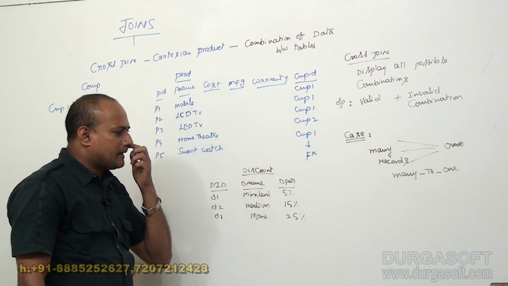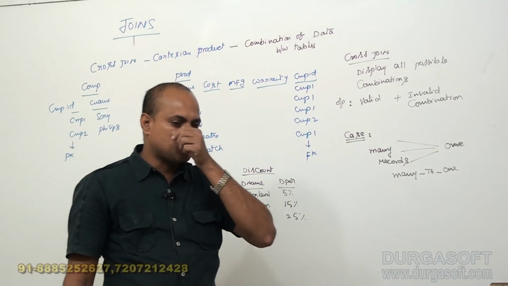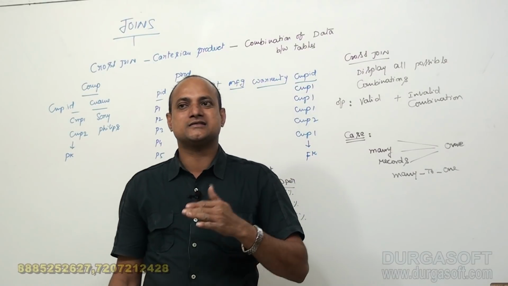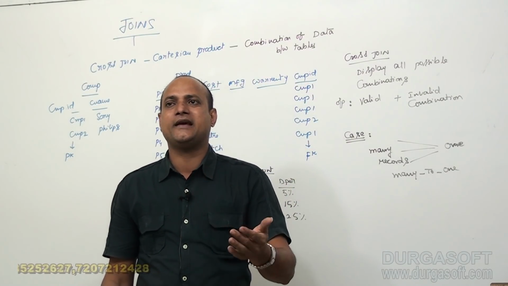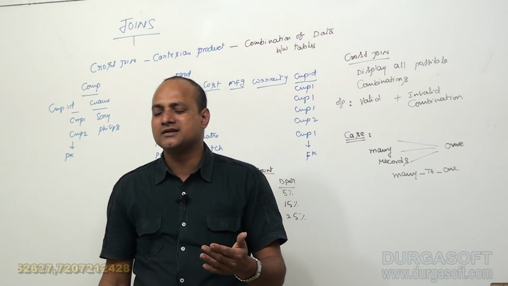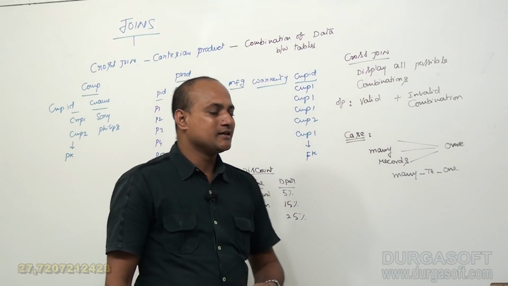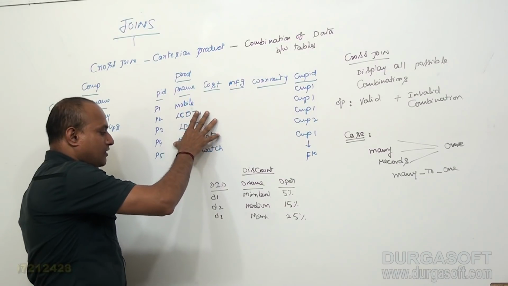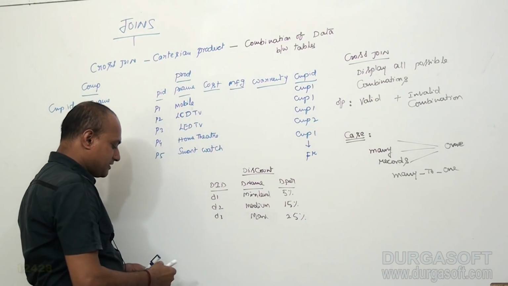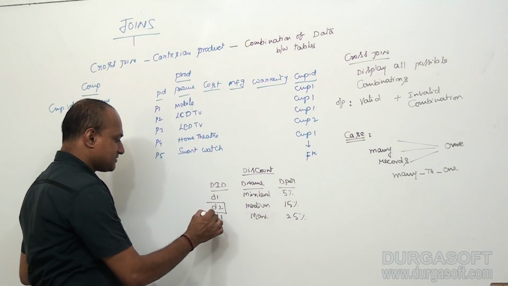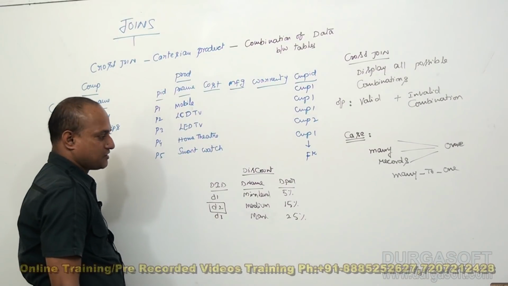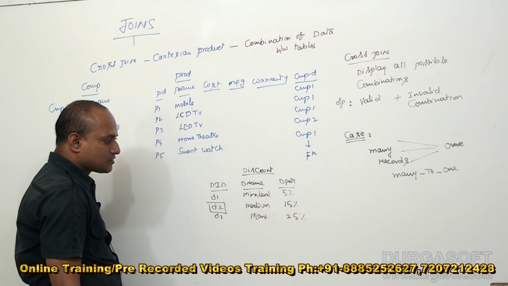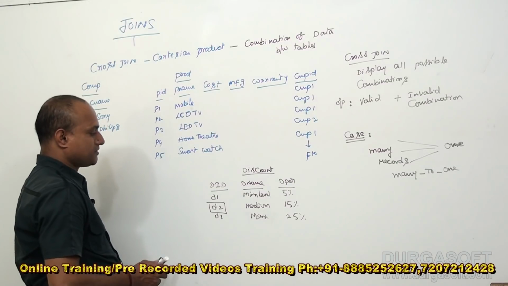So for 10 LCD and 10 LED, 20 products, what discount is displayed along with the 20 products? 15% discount. Means multiple records from one table are mapping with only one record, that is D2. In such a case, cross join will display valid combination of data.